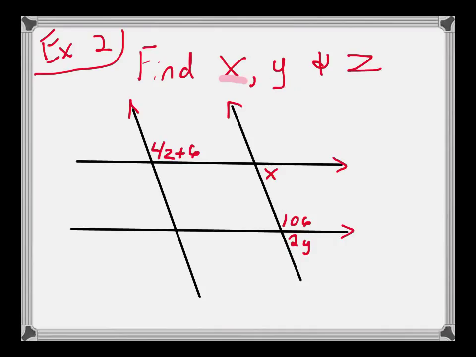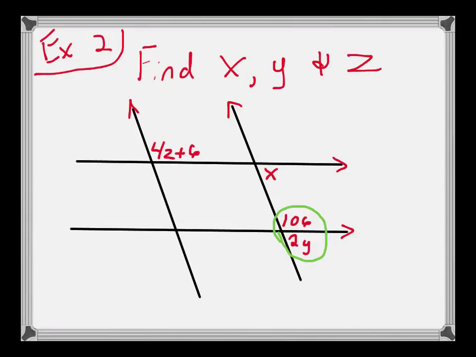Now, here's the thing: find the one that you think is going to be easiest for you first. Right now, I'm going to change colors of my ink pen here. I'm looking at 106 and the 2y. I'm going to focus on that little area right there. Now, what I need to do is set up equations.